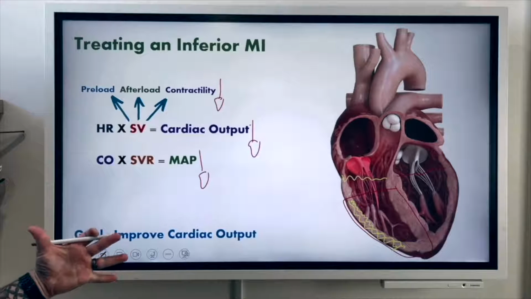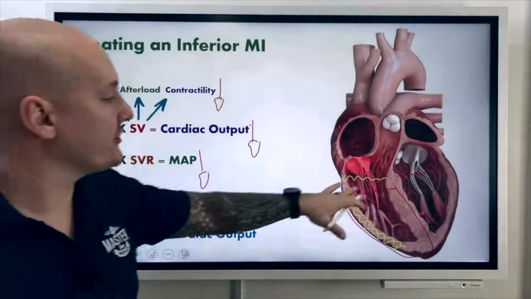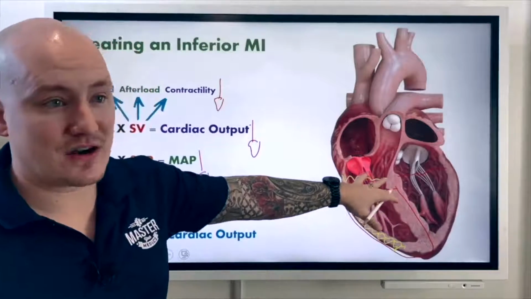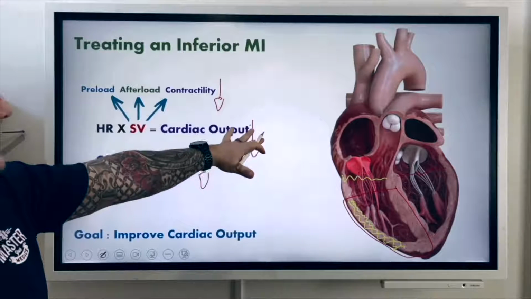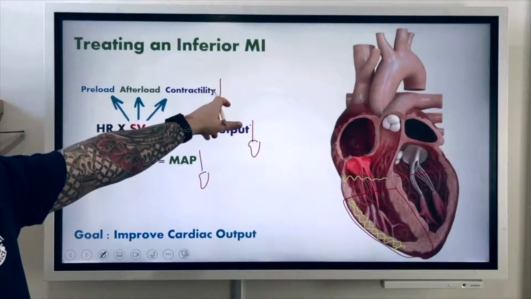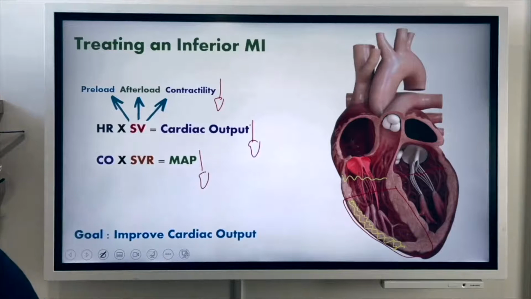So that is the issue that we're dealing with right now: an inability to contract regardless of how much blood we have inside this ventricle, and we have a decreasing cardiac output, and that decreasing cardiac output, because of the factor of contractility, is impacting our ability to perfuse the body. That is how we have an issue with inferior myocardial infarctions.